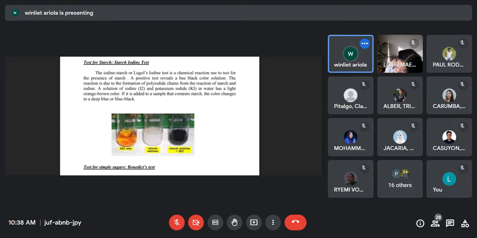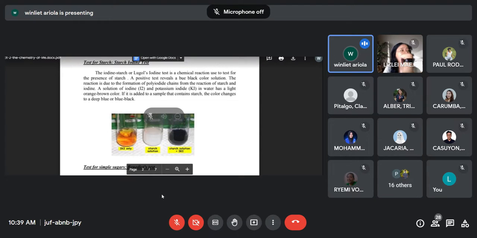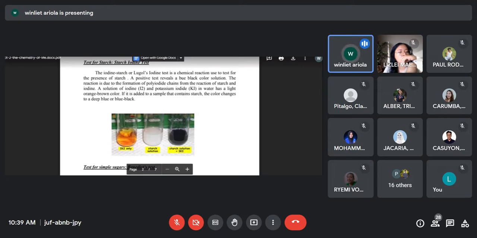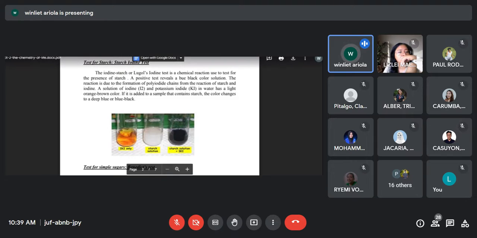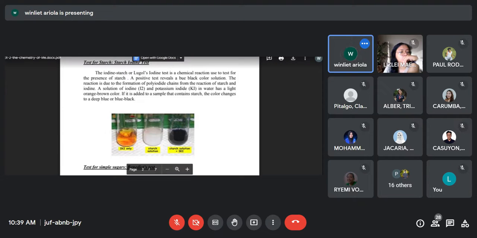Anong positive niya? Blue-black po, ma'am. Blue-black, while if negative, it remains the same color. Kailangan memorize nyo yun. A positive test reveals a blue-black color solution. It's a reaction due to formation of polyiodide chains from the reaction of starch and iodine.